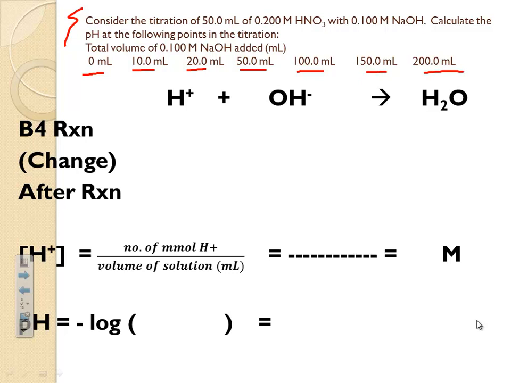Okay, so the first one's fairly straightforward. For the first one, we're assuming that 0 milliliters of the strong base have been added, so the only thing in the solution contributing to the pH is the strong acid.